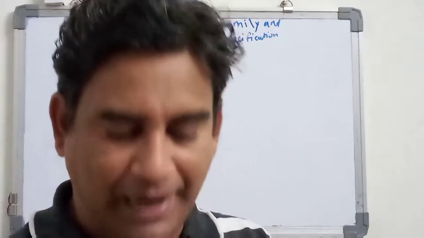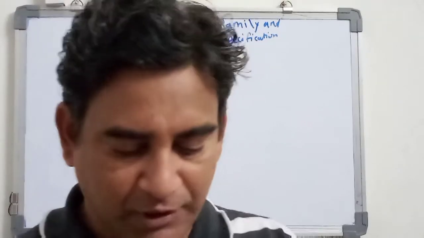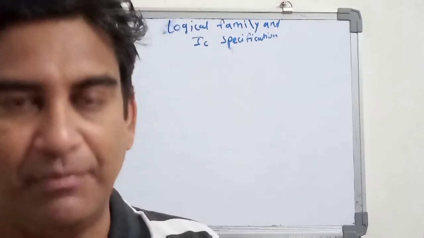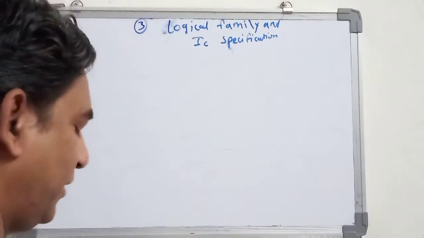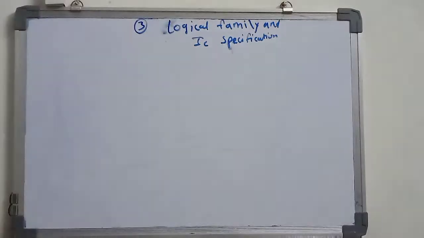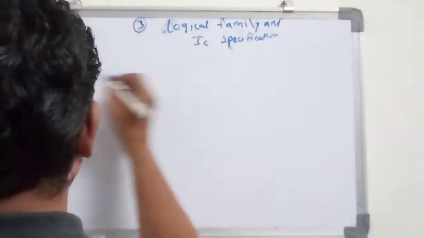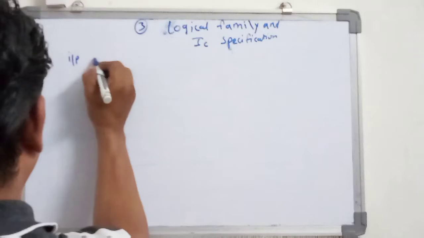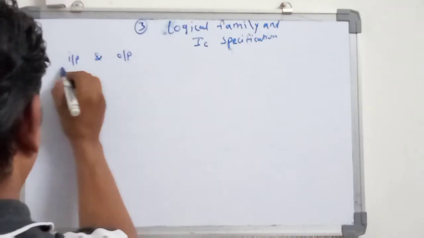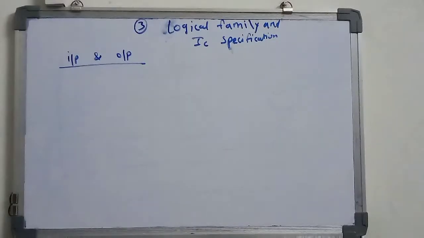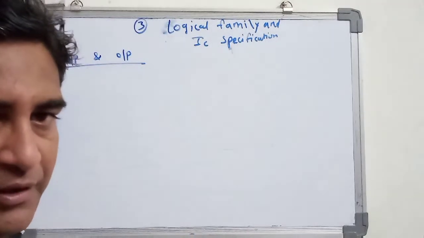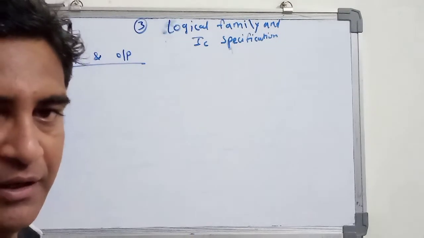Now, as you know, it is one type of compatibility. Compatible means the ability to connect the output of one device to the input of another, input and output. Here it is compatible with an input device and also an output device.